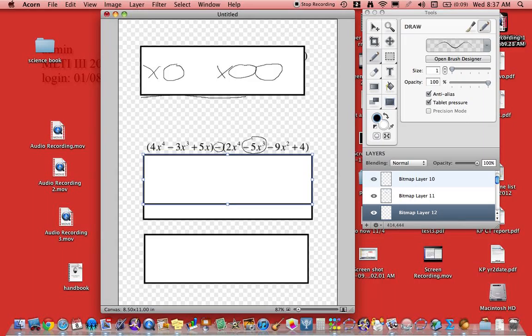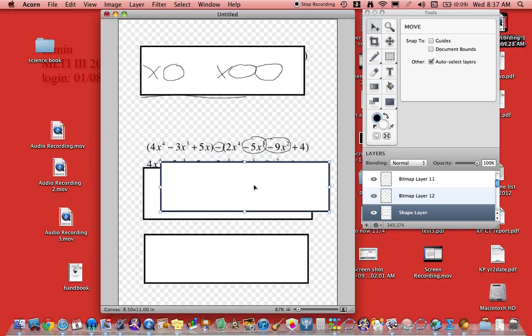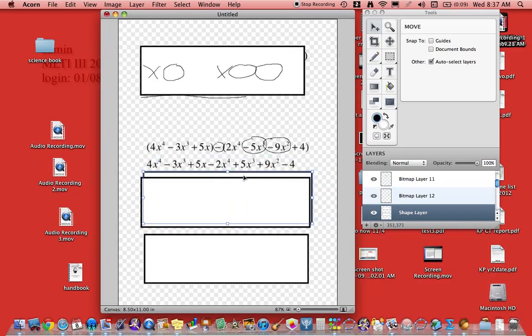If I subtract a negative 9x squared, it's going to become a positive 9x squared. So the first one stays exactly as it was, and I end up with 4x to the fourth minus 3x cubed plus 5x minus 2x to the fourth plus 5x cubed plus 9x squared minus a minus 4, which is minus a positive.